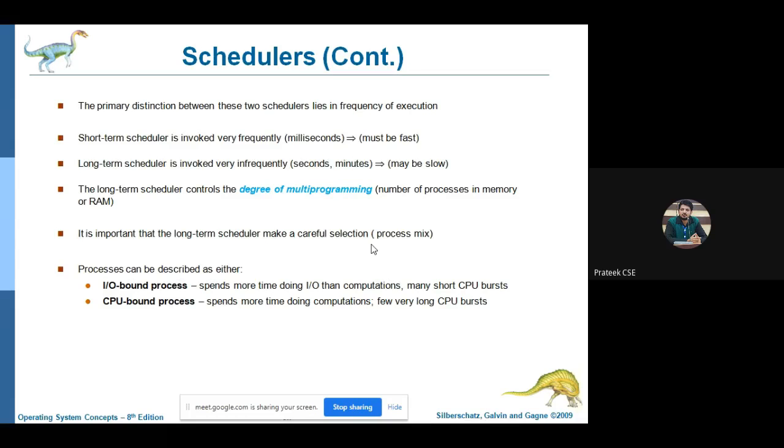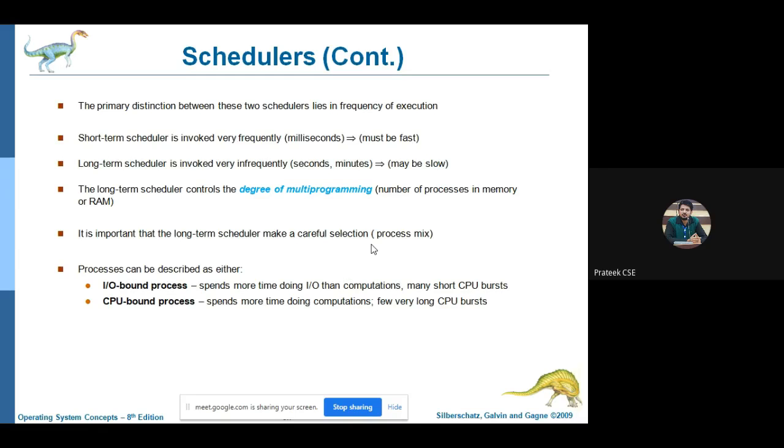So the long-term scheduler must always take a careful decision to choose the processes in such a manner that in the RAM, in the ready state, we always have a mixture of both kinds of categories.